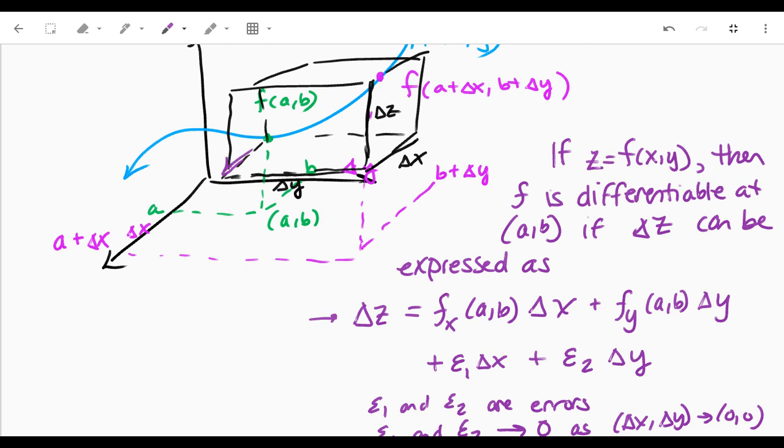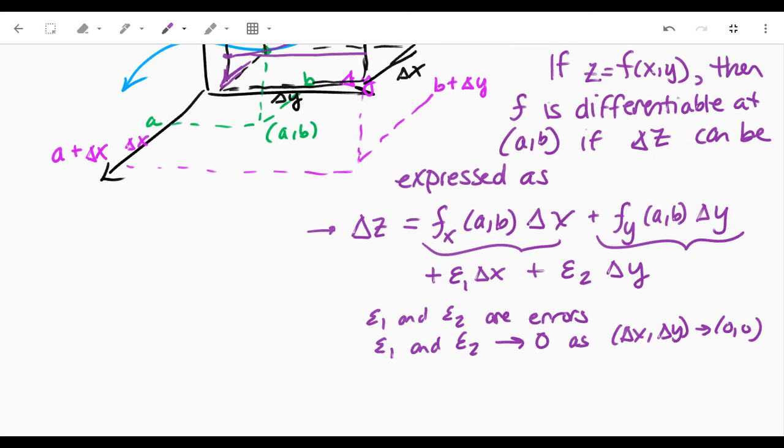Like think about your slope in the x direction might bring you to here, okay, and then you move in the y direction, and that slope in the y direction brings you up to here. Okay, so think about this as like 2 steps. First use the partial in the x direction and how far you're moving in the x direction to move up however much in z, and then take a turn in the y direction and move up.